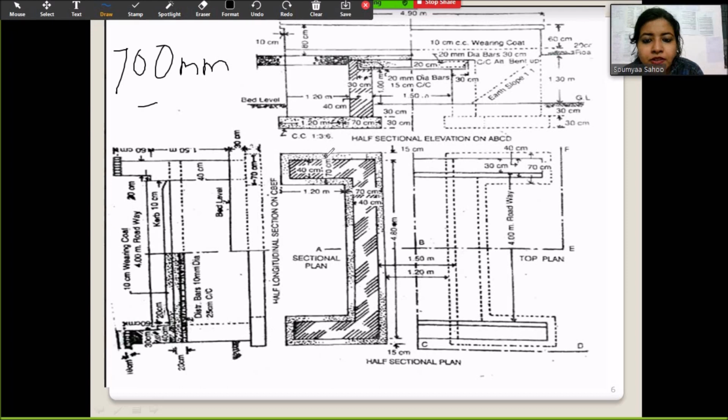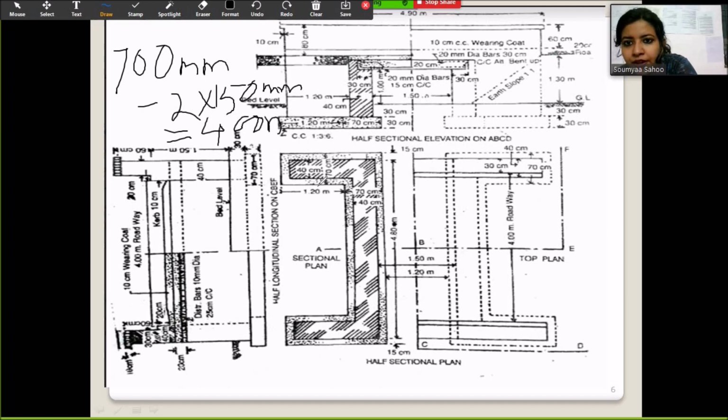So here this side 150 mm, here this side 150 mm. So 2 into 150 mm, which is equals to 300 mm. So the width of the wing wall is 400 mm.